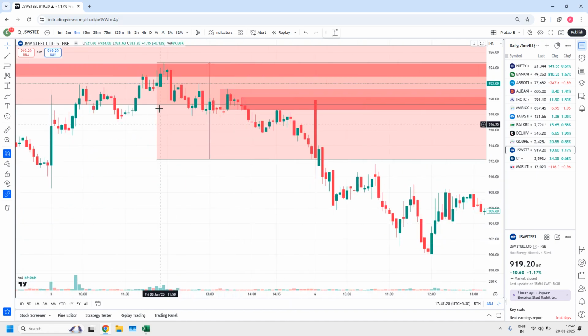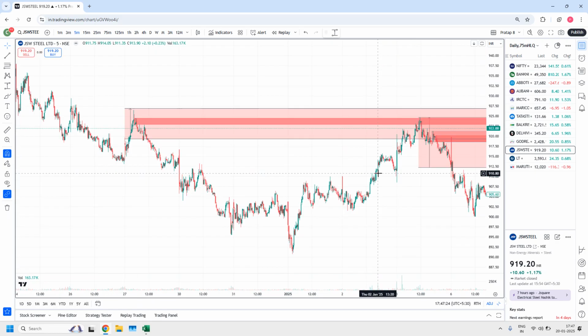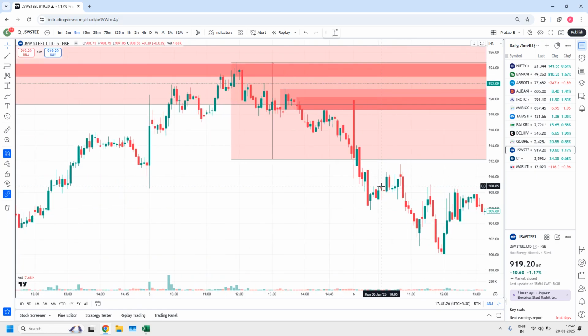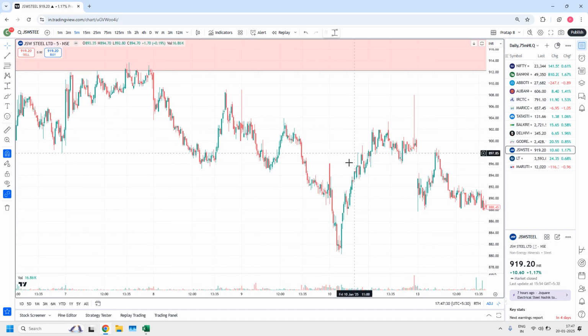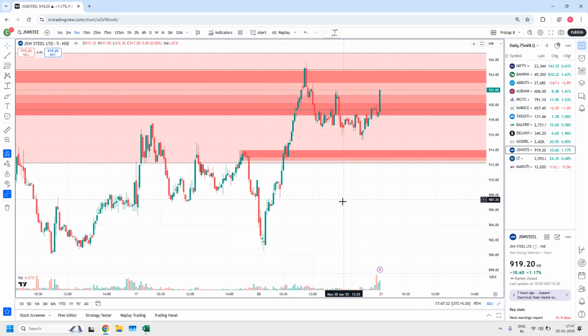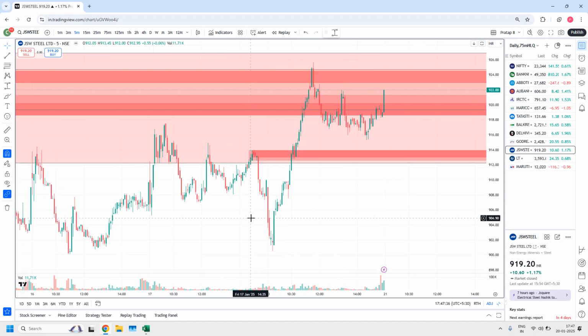See today what happened? When this high liquidity zone is reached, see from this area again sharply it came down.